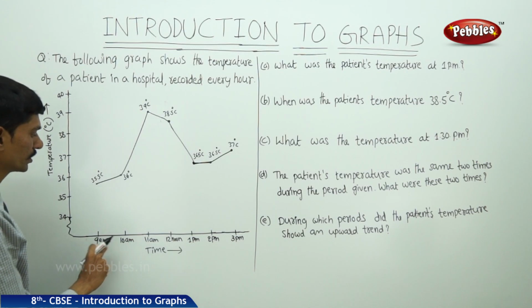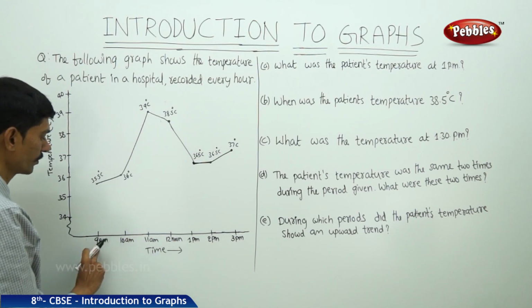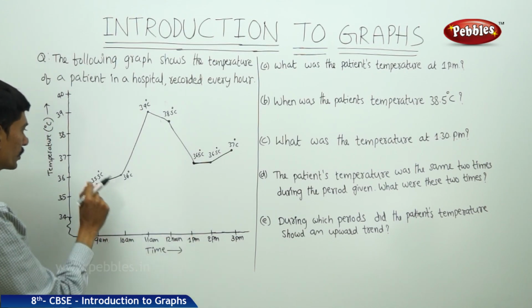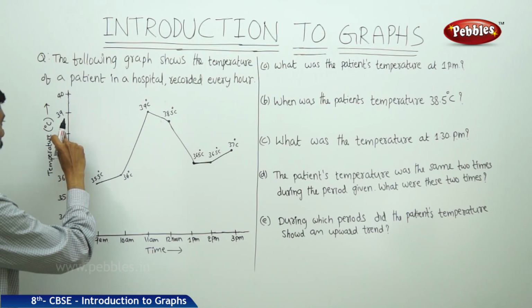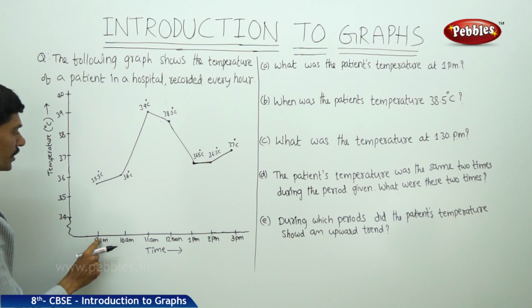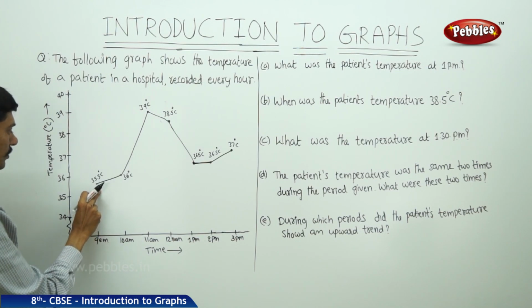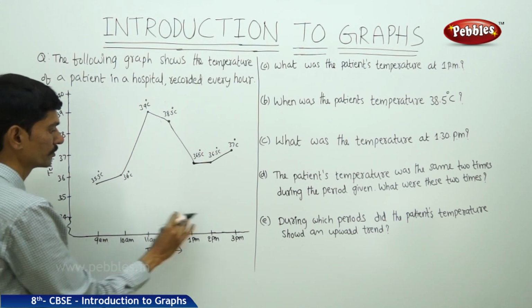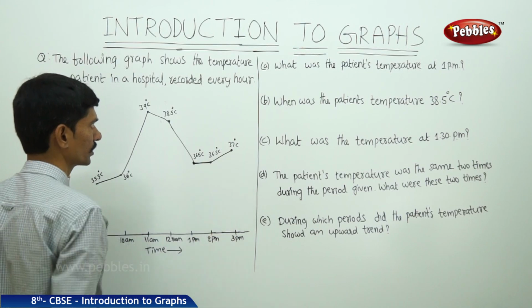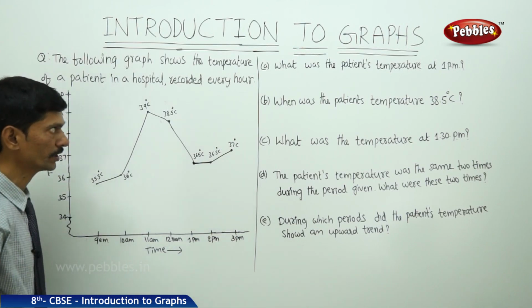On the horizontal line the time is taken from 9 am to 3 pm. On the vertical line, on the y-axis, the temperature was taken in degrees centigrade. Now at 9 am the patient's temperature was 35.5 degrees centigrade, and at 10 am 36 degrees centigrade. Up to 3 pm the temperature was recorded.